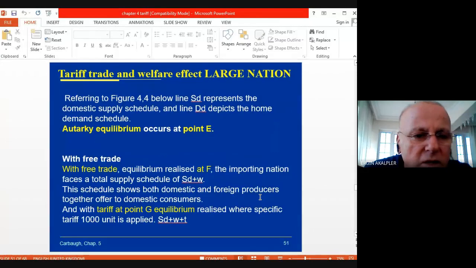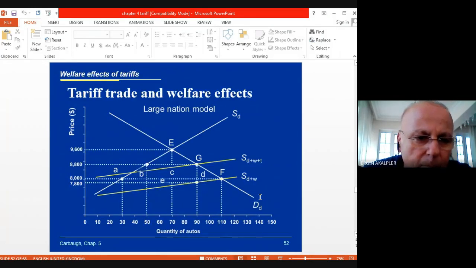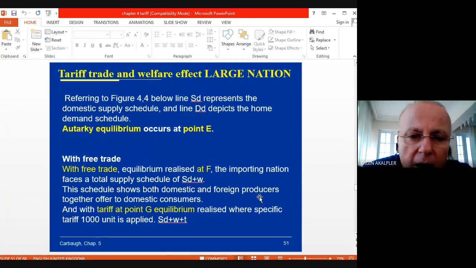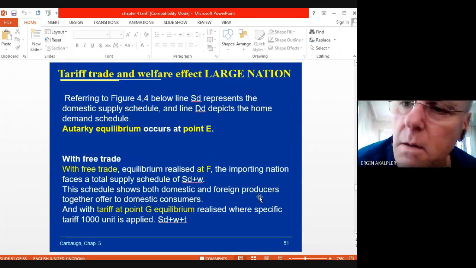The large nation tariff, trade, and welfare effect in the large nation, referring to figure 44, which is given here. This is in your book, 44. Line S_T represents the domestic supply schedule, and line D the home demand curve.